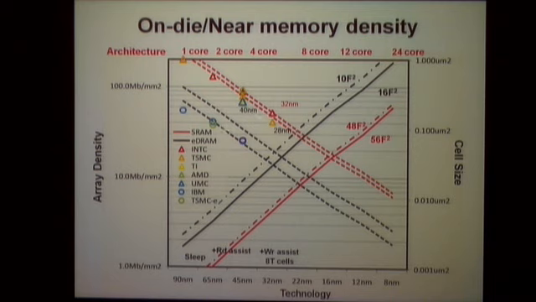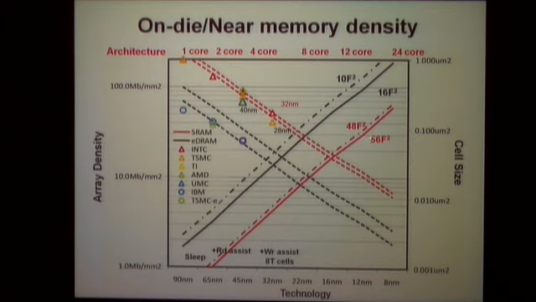The red one is for SRAM, the black ones are for embedded DRAM. And we see that these two lines are essentially for the cell size. So the cell size keeps on decreasing, whereas the array density keeps on increasing. If you look at the F squared size of the cell, which is typically in the order of 48 to 56 F squared for SRAMs, around 10 to 16 F squared for embedded DRAMs.